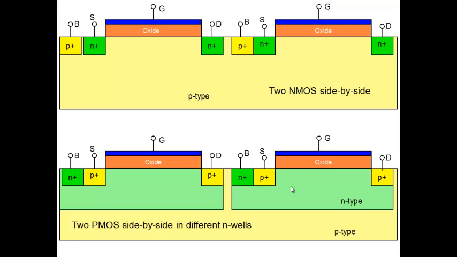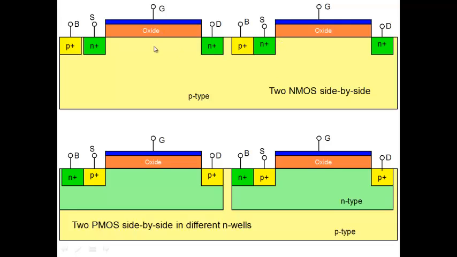One of the things you notice from this figure is that normally the substrate is p-type, and therefore you can directly make the NMOS transistor on that p-type substrate, because the n-type MOSFET requires a p-type body, and n plus source and n plus drain. So on the p-type, you can create an n plus region here and an n plus here, and then deposit oxide and make the transistor. And similarly, you can make a transistor here.